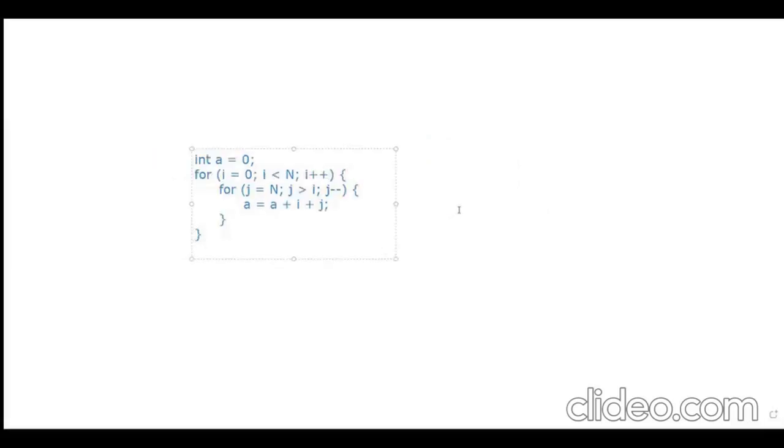Now in this pseudocode, we need to calculate the i iterations and j iterations. At first i is equal to 0, after that 1, 2, 3, 4, 5, and so on, running up to n times. So the time complexity for i iterations is n times. For j iterations, at first j is equal to n.